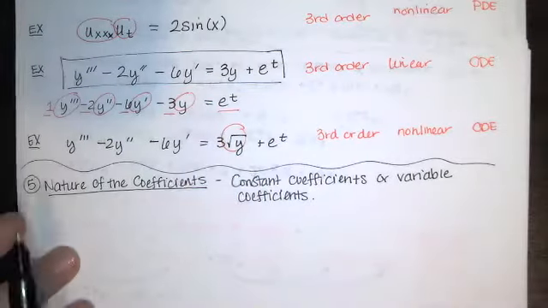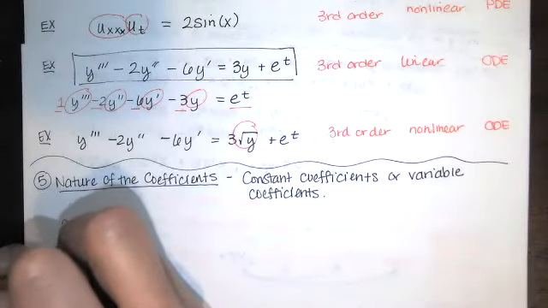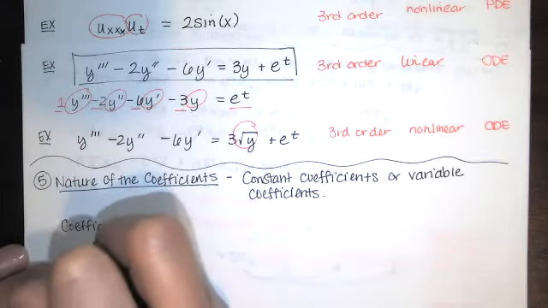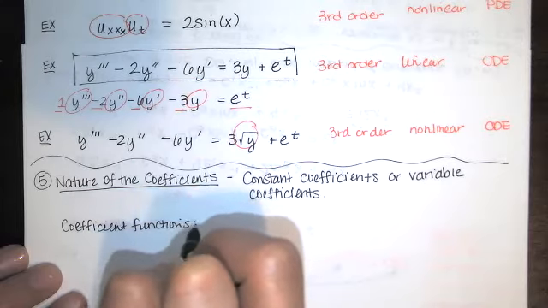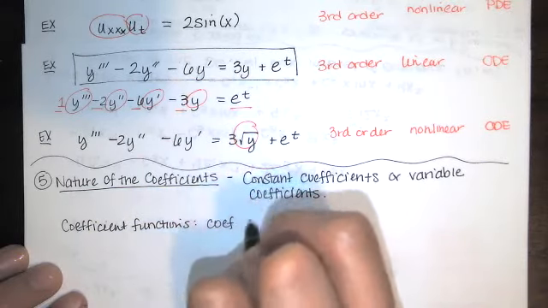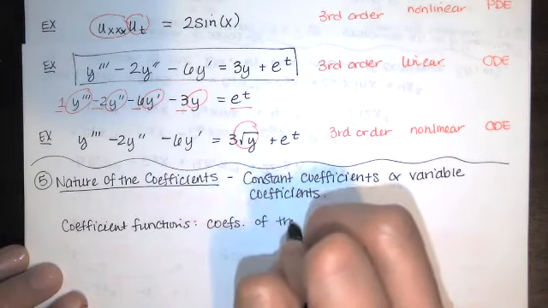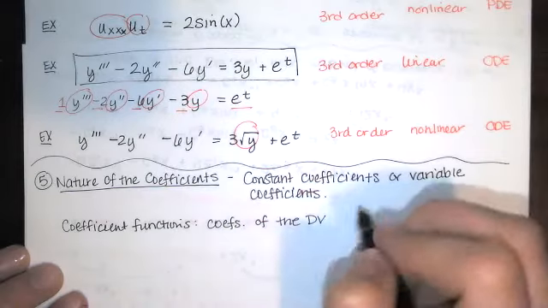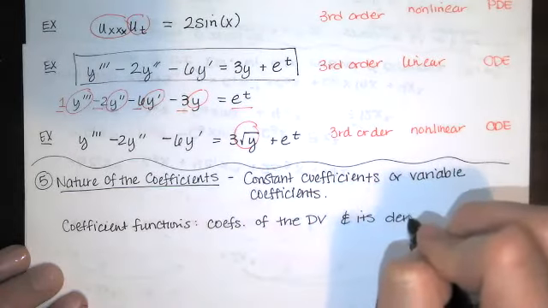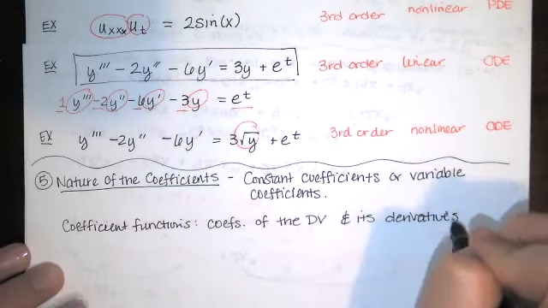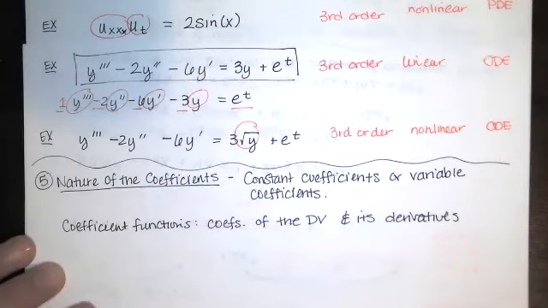The coefficient functions are the coefficients of y's and y's derivatives, or the coefficients of your dependent variable, which is usually y, and its derivatives. So in this example, the coefficients are 1, -2, -6, and -3.